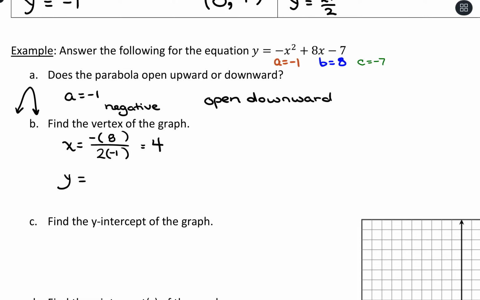And that means y is going to be equal to negative 4 squared plus 8 times 4 minus 7. So negative 16 plus 32 minus 7, which is 16 minus 7, which is 9. So we have the coordinate (4, 9).